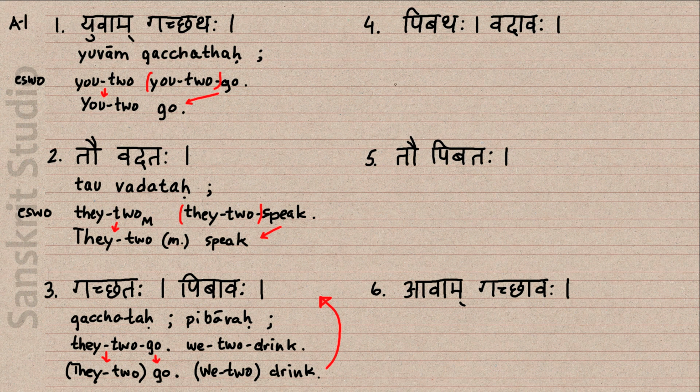Alright, number 4, pibataha vadavaha. Okay, so let's transliterate pibataha and vadavaha. Should do the trick there.